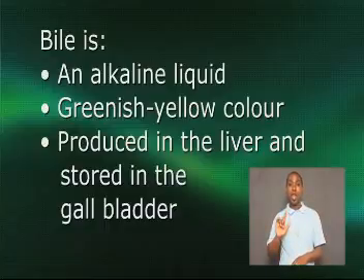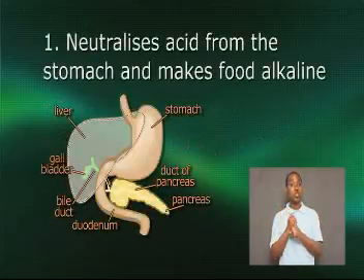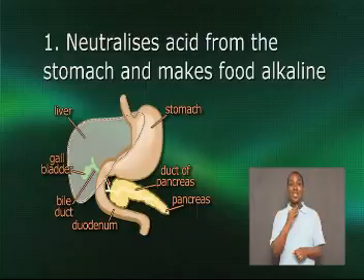The bile does two important jobs in digestion. The first job is that it neutralizes the acid from the stomach and makes semi-digested food alkaline.